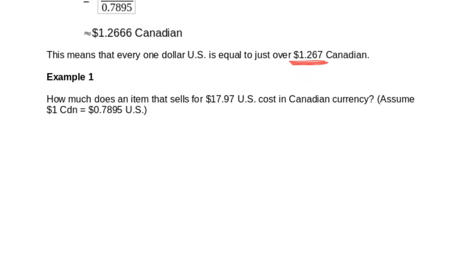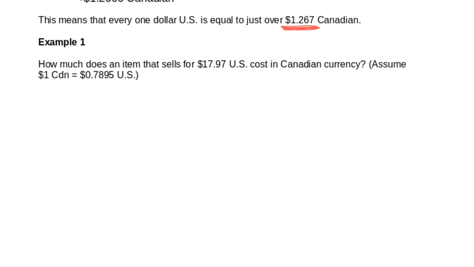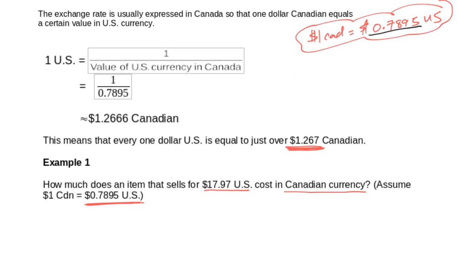All right. So the first example that we have is this. Imagine that you have an item which sells for $17.97 US, and we need to know how much it costs in Canadian currency, right? So the moment I tell you that it costs $0.7895 US for 1 Canadian dollar, you have to use that conversion that we had here.